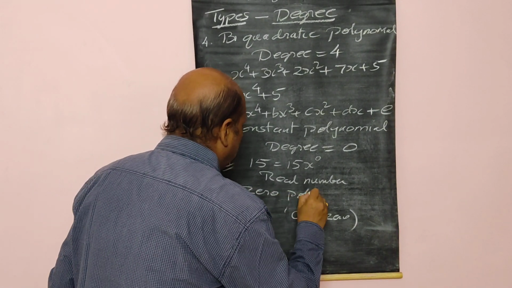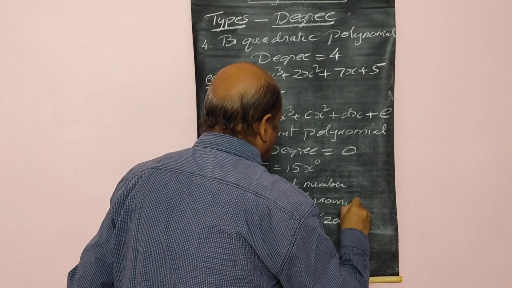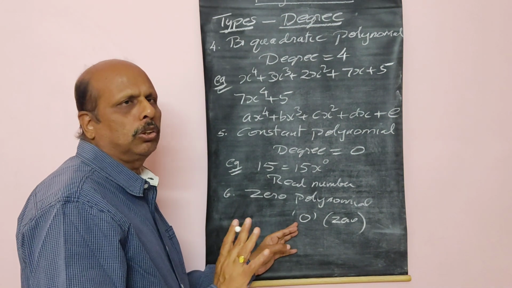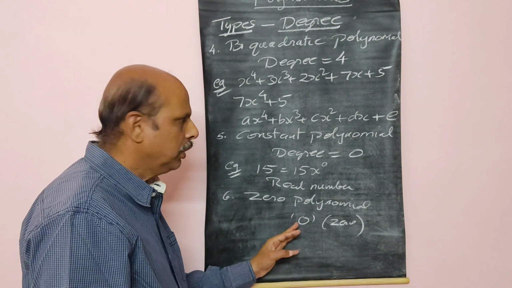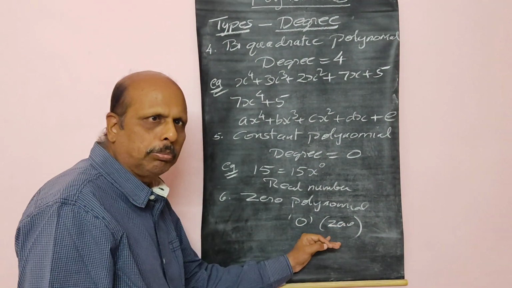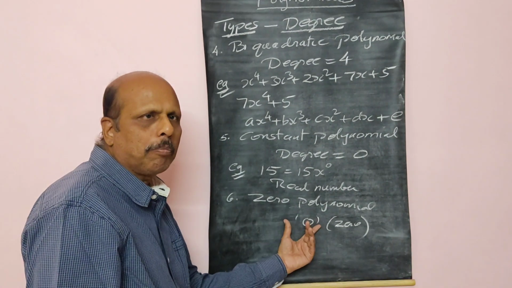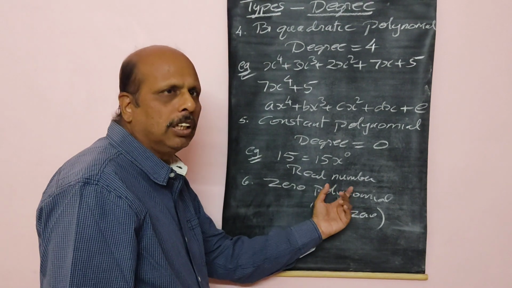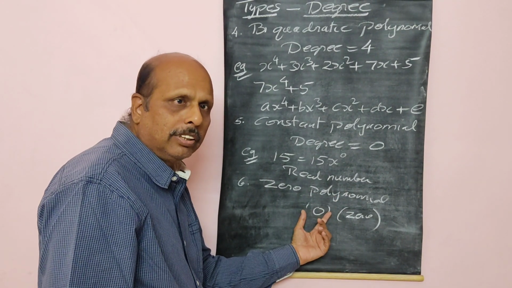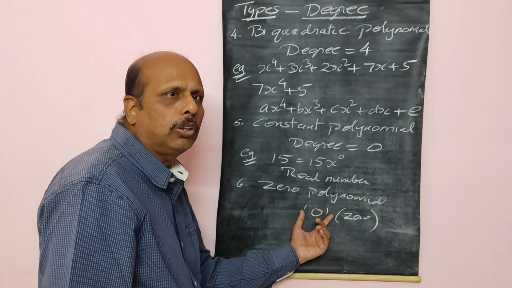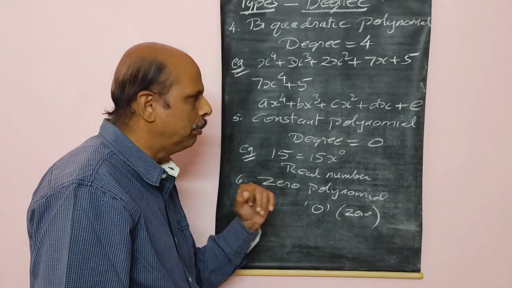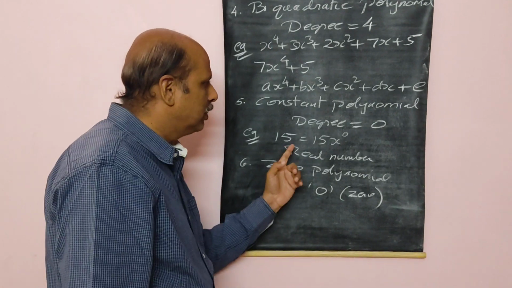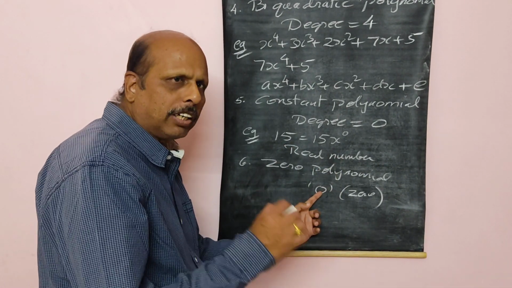0 polynomial. The number 0 is a 0 polynomial. Here the degree is not taken into account because 0 does not have a degree. Because we said every number is a real number and every real number is a constant polynomial, 0 is also a real number.